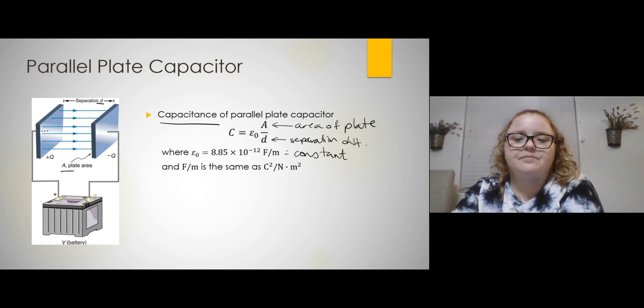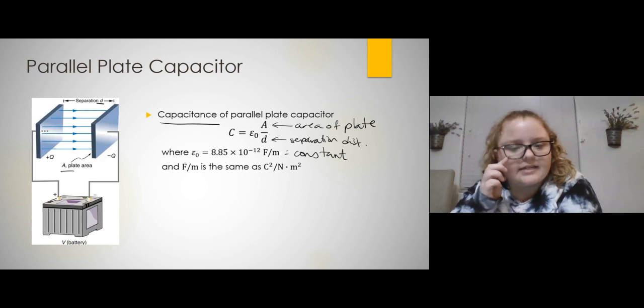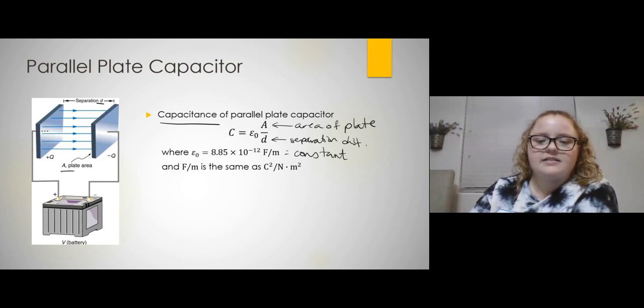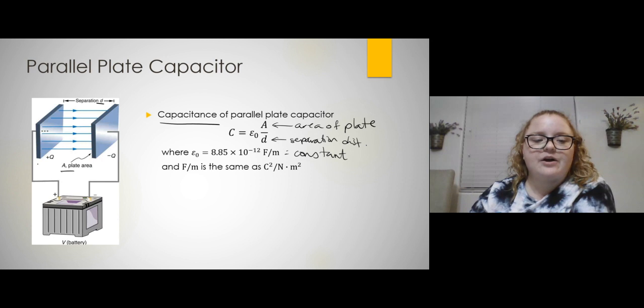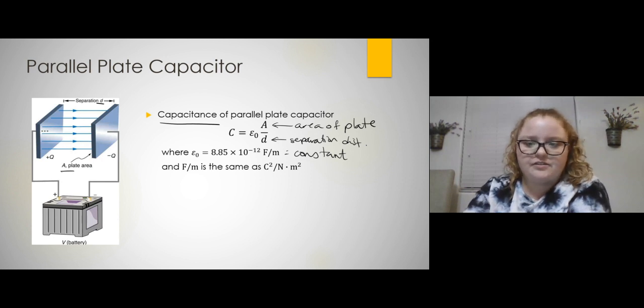Okay. And note that we have these units here, farads over meters. That's the same as Coulomb squared divided by Newton times meter squared. Okay, so these are just some notes on the units. But yeah, this is how we calculate the capacitance of a parallel plate capacitor.